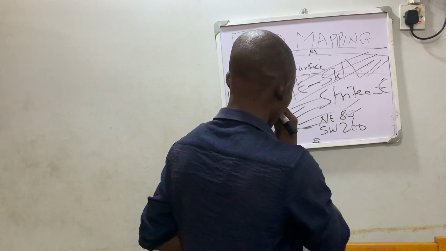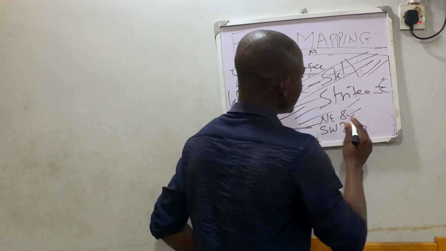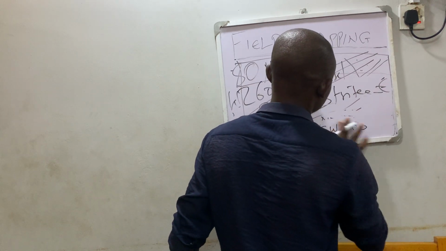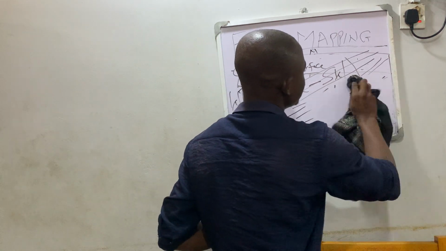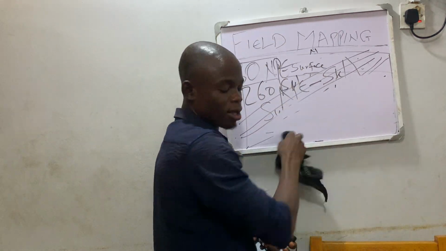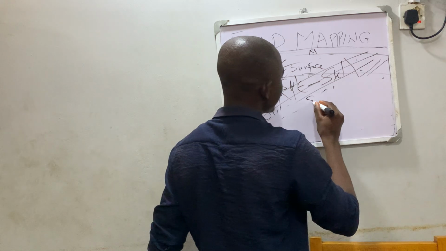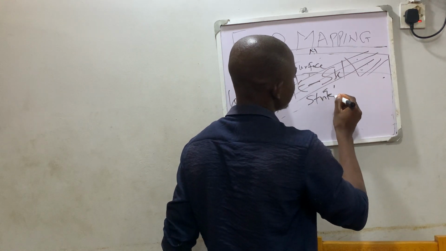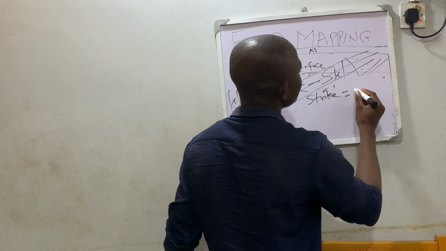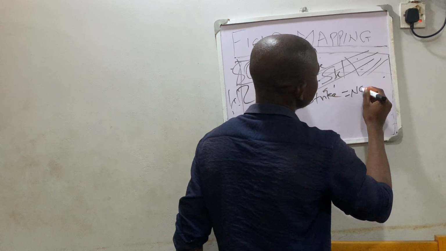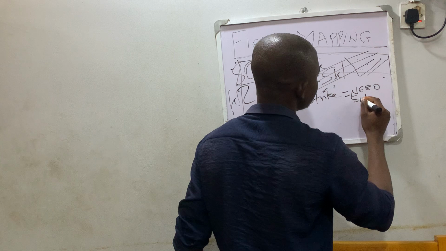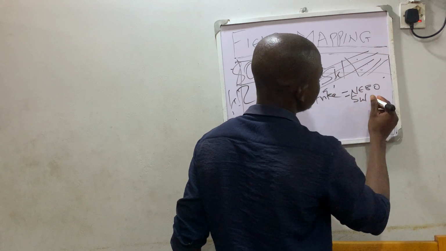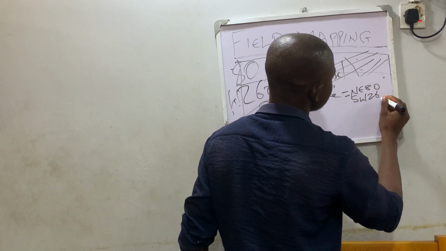So, what we have is, as our dip, we have our strike. Let me write this there so that you will see it very well. We have measured and have our strike to be northeast 80 and then southwest, northeast southwest 260.